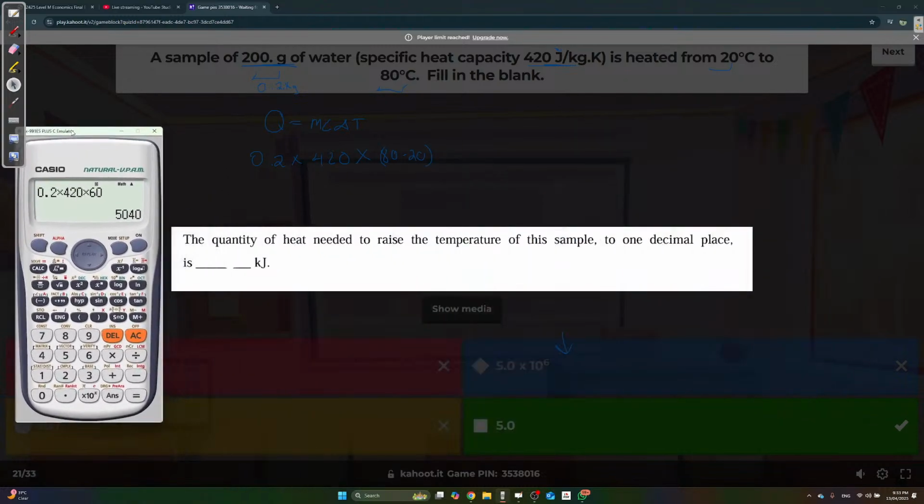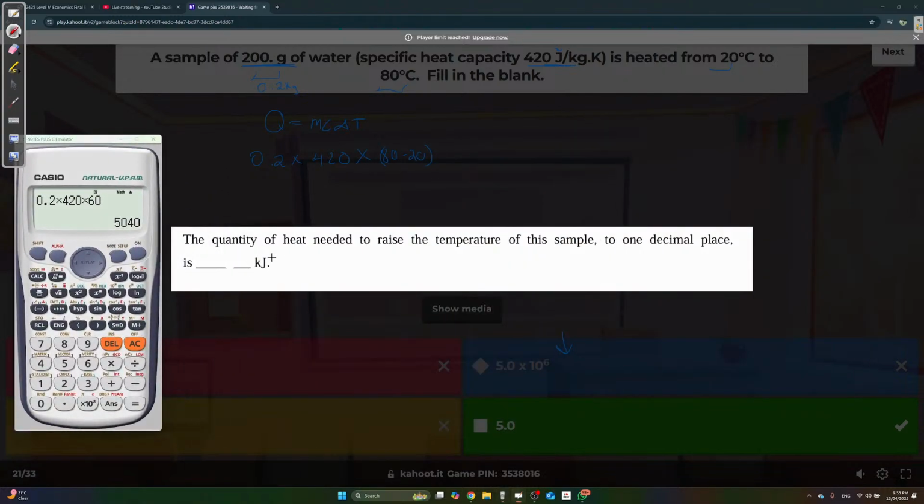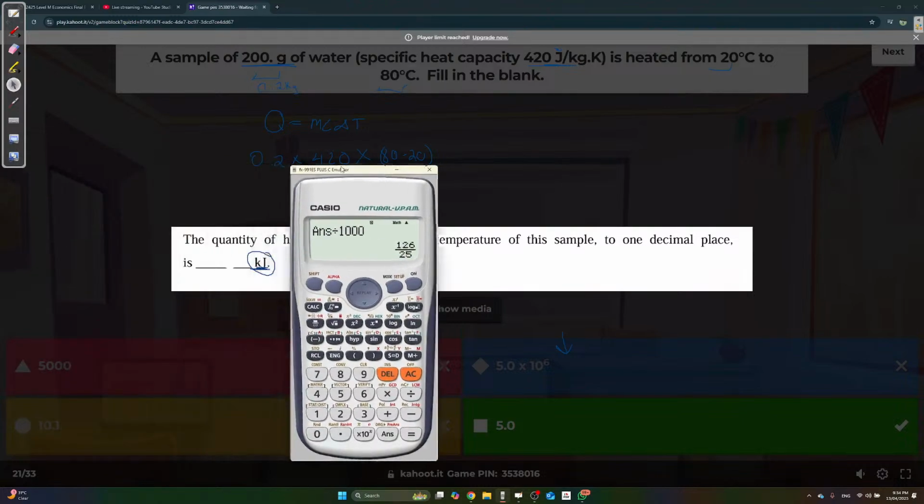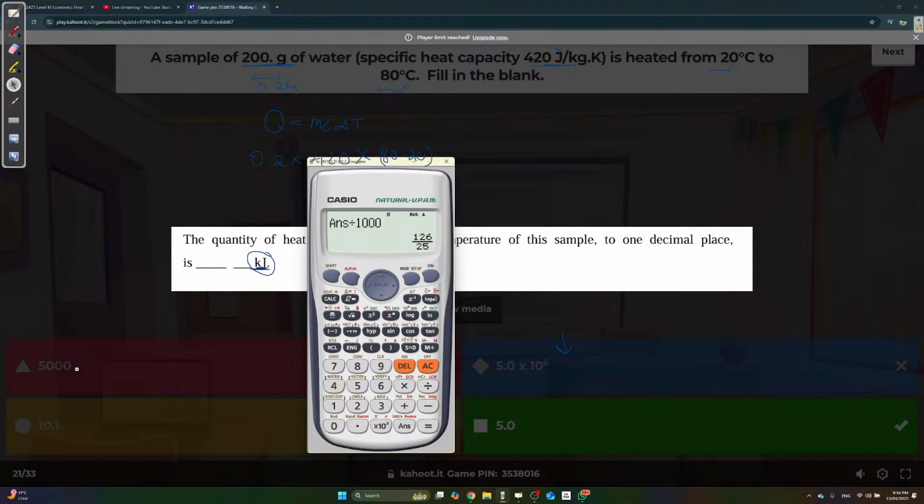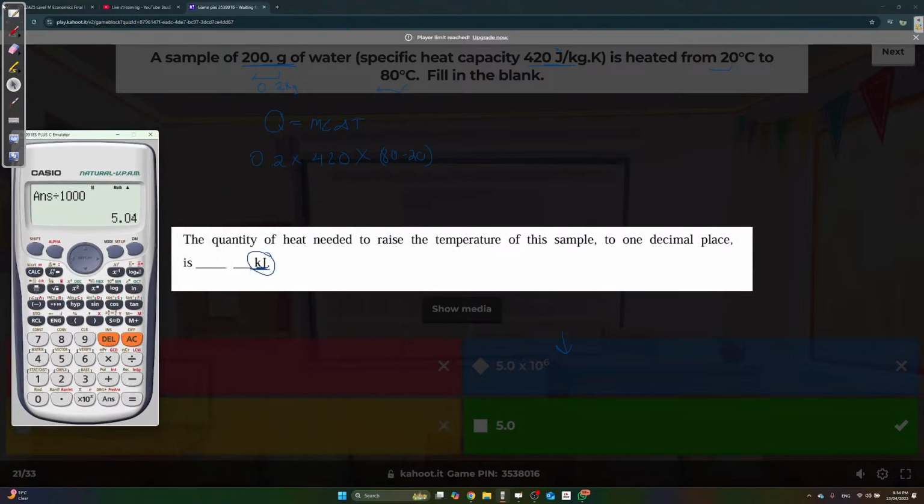But please pay attention. They're saying kilojoules. So what do you do? You divide by 1000. If you put 5000, you probably didn't divide by 1000. So the answer, if you paid attention to the kilo, would be 5.04. And since they said one decimal place, it's going to be 5.0. You round it to one decimal place.